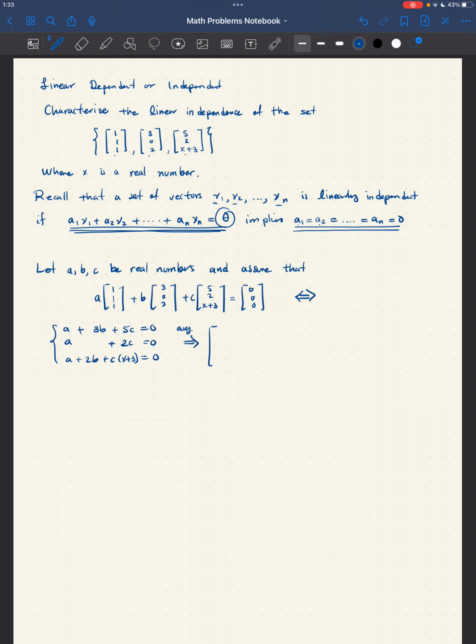It's not a surprise that we're just going to borrow the columns that we have here. So it's going to look like 1, 1, 1, 3, 0, 2, 5, 2, x plus 3, then the augmented portion, 0, 0, 0.